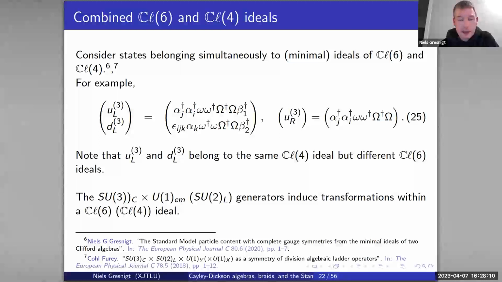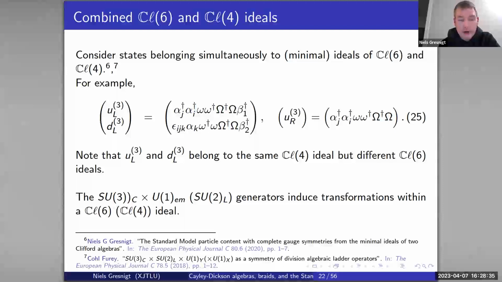And so you can see that they belong to the same Cl4 ideal, but they belong to different Cl6 ideals. Because you can see for the Cl6 ideal, it's the small omega omega dagger, and for the down quark, it's omega dagger omega. Okay, and the second equation there, that's just an example of a singlet state.